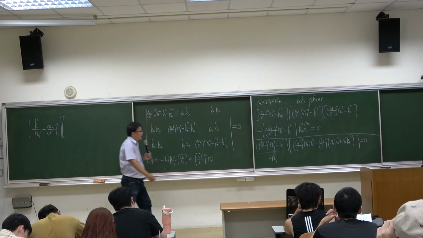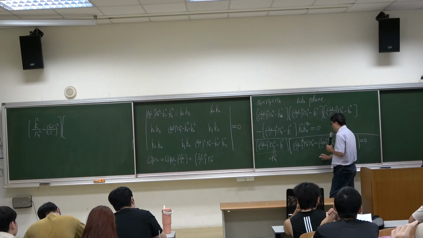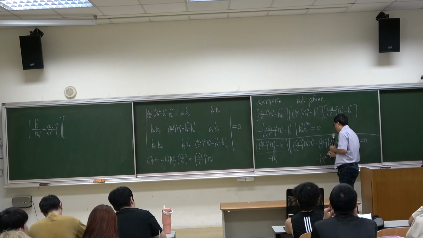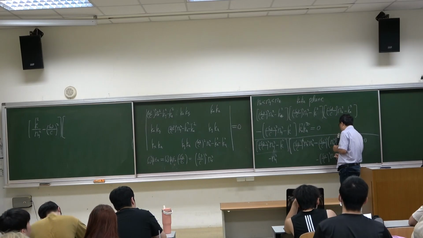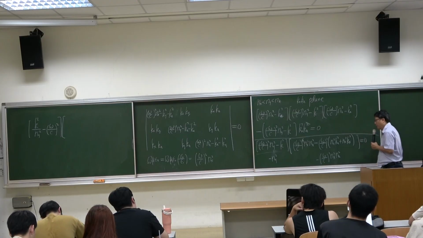And I divide this part by minus omega over c squared nx squared nz squared.